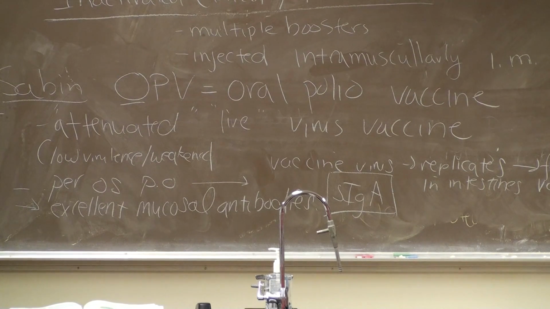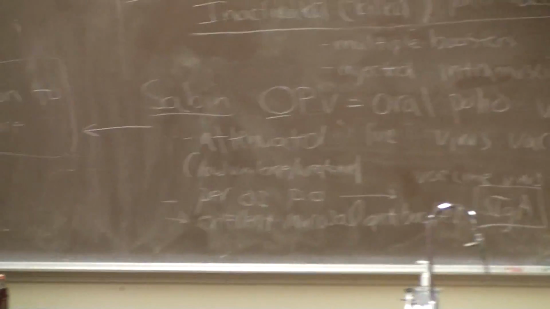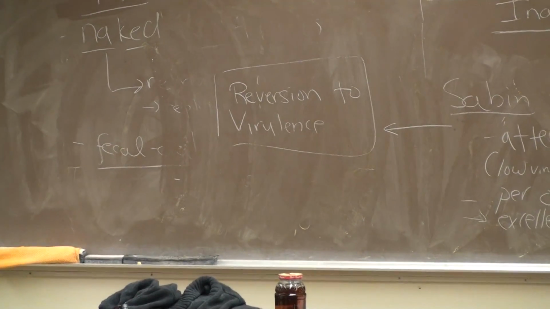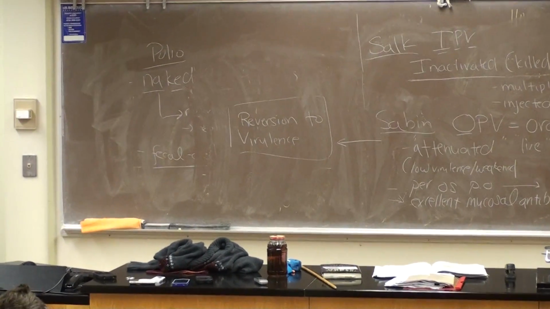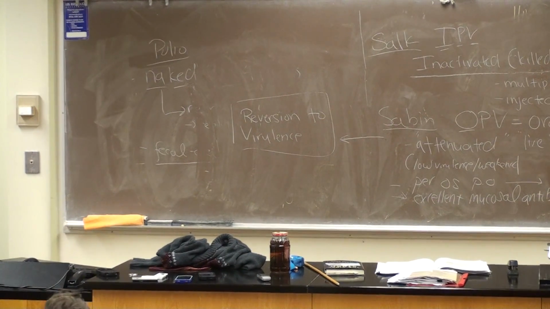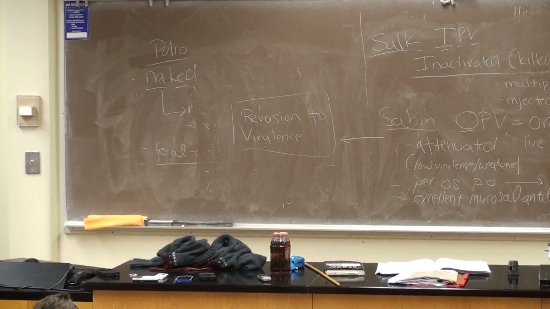Reversion means going back, reversion to virulence. What do you think that's all about? This is the process by which that weakened poliovirus strain undergoes mutation and causes polio.